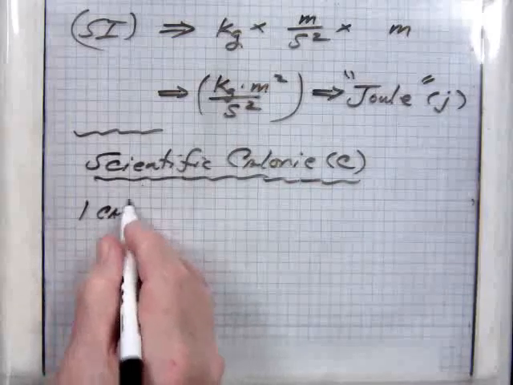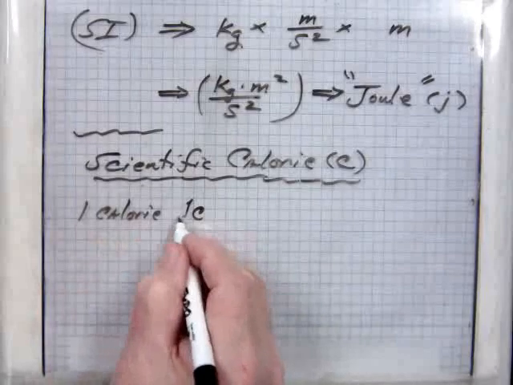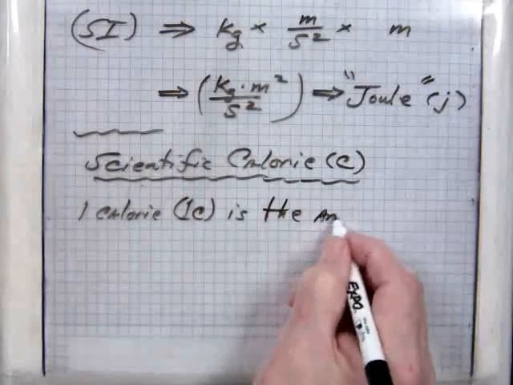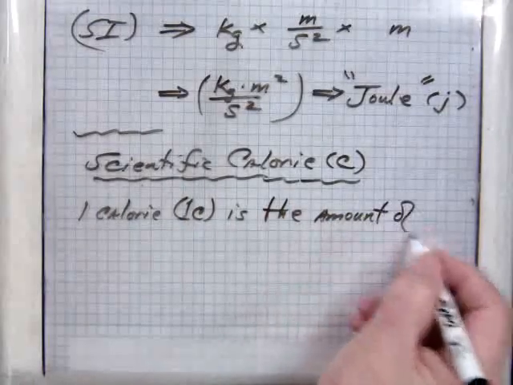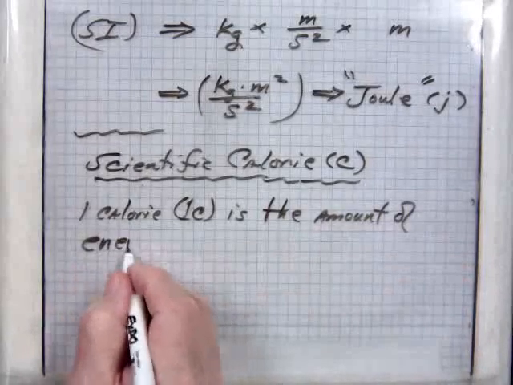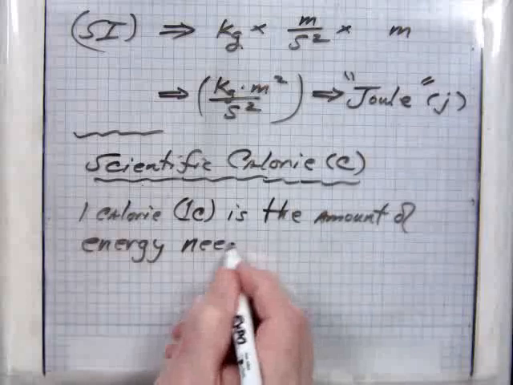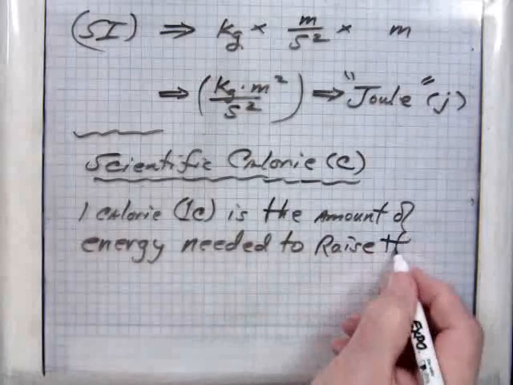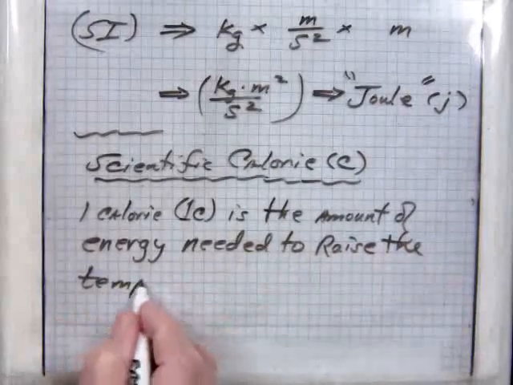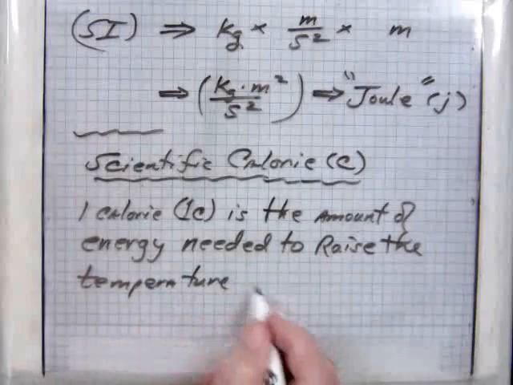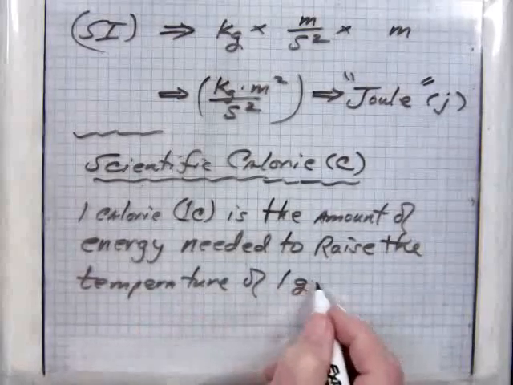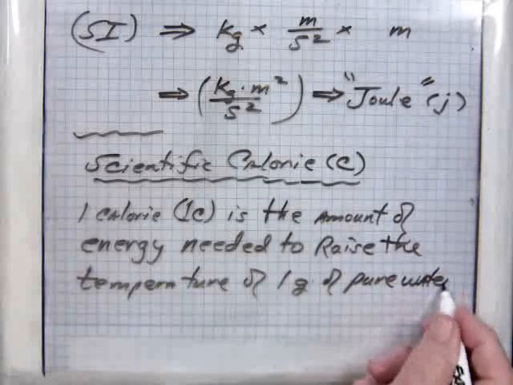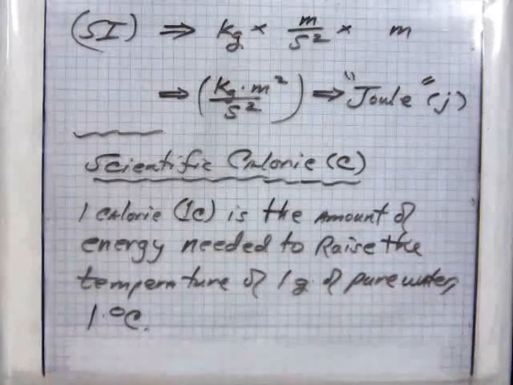1 calorie, and it's a lowercase c, is the amount of energy needed to raise the temperature of 1 gram of pure water 1 degree Celsius.